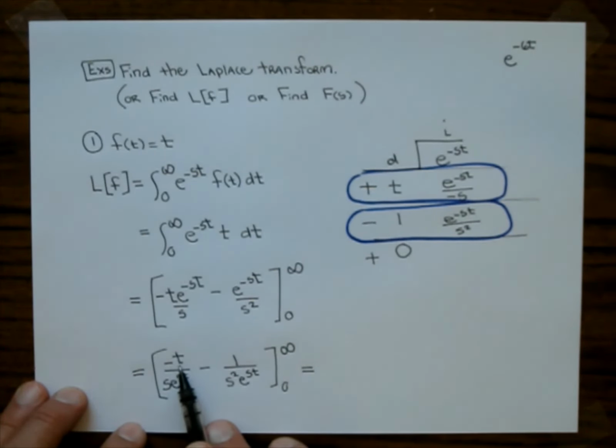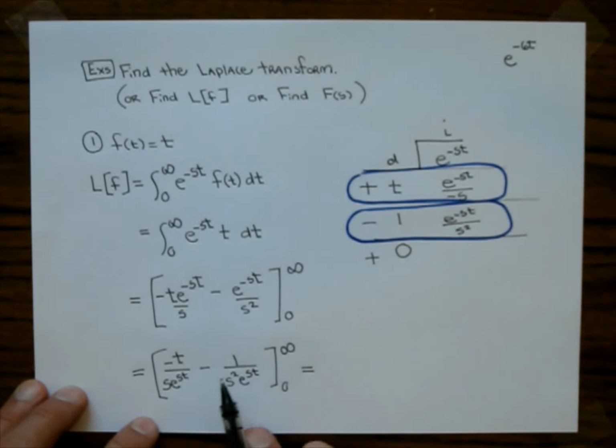I have like infinity over e to the s times infinity. So it looks like negative infinity over infinity, which would be a L'Hopital's rule. Now this also is important, figuring out if s is negative or positive.